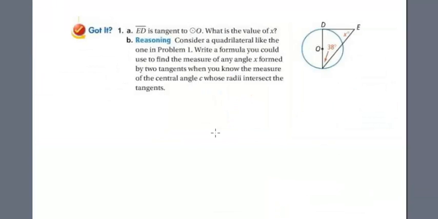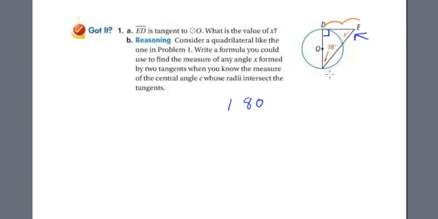Okay, so in this example, it says that ED is tangent to circle O. So what we know now is that the point of tangency forms a right angle, which is 90 degrees in this triangle. It wants to know what X is. Well, we know that a triangle is made up of 180 degrees.